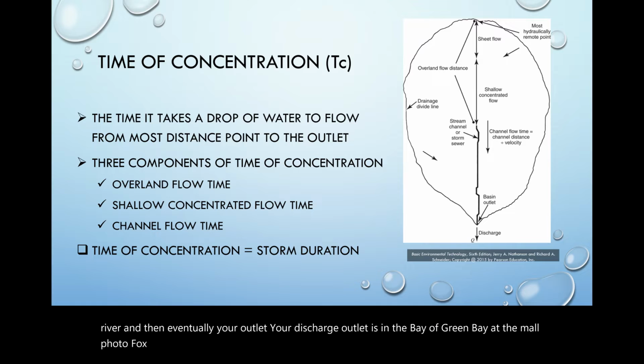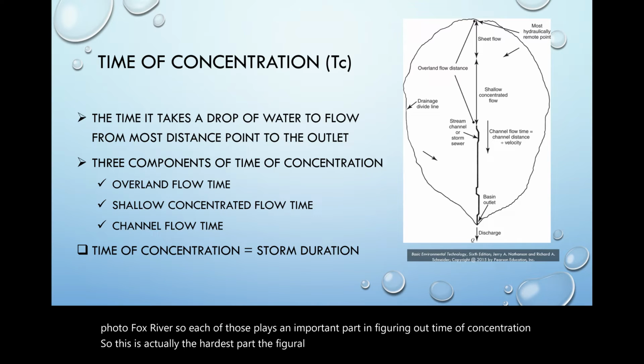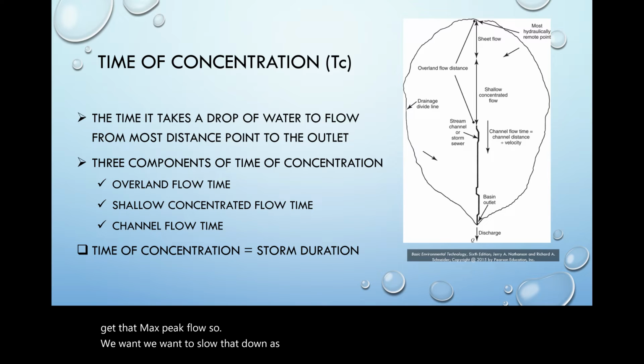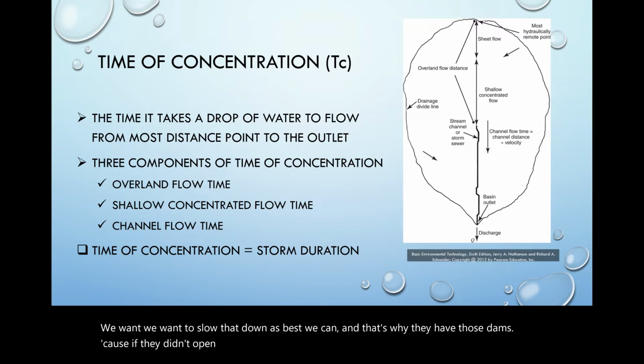So each of those plays an important part in figuring out time of concentration. This is actually the hardest part to figure out for flow, because of the time it takes to get to the max peak flow. So we want to slow that down as best we can, and that's why they have those dams. Because if they didn't open those dams up, our time of concentration would increase, and then we'd get flooding.